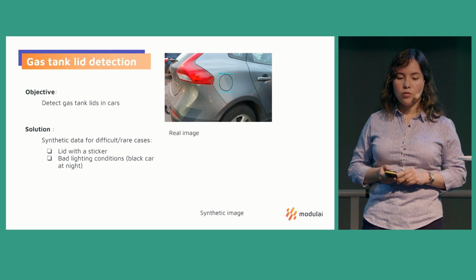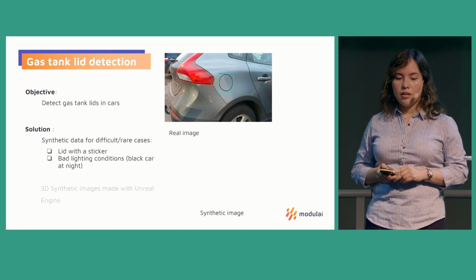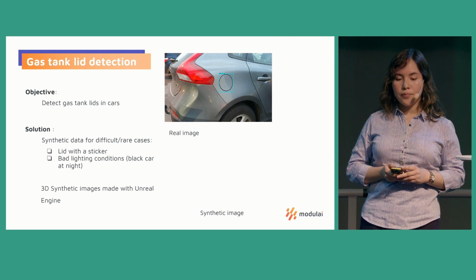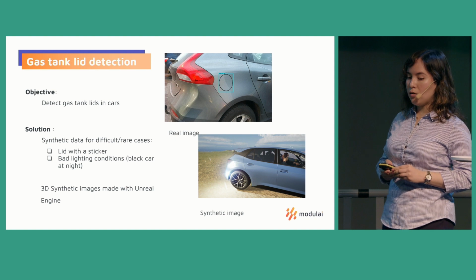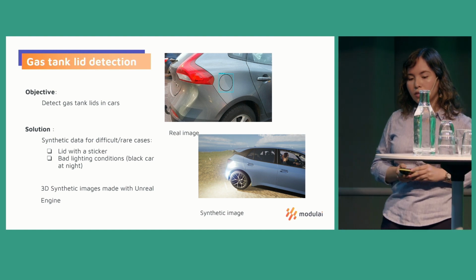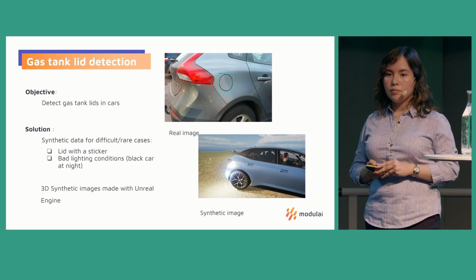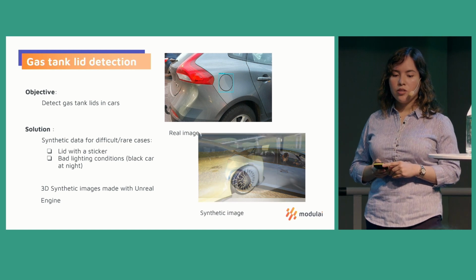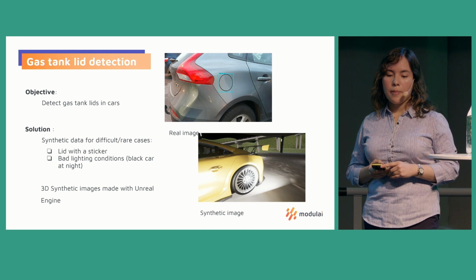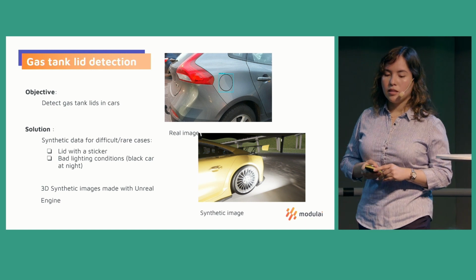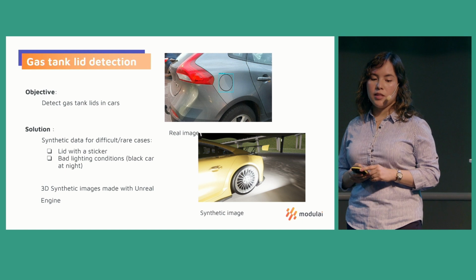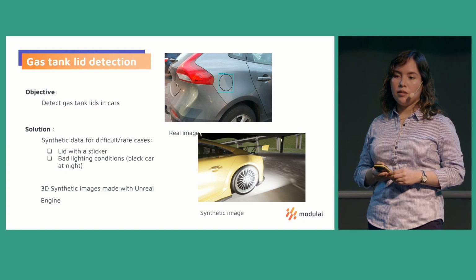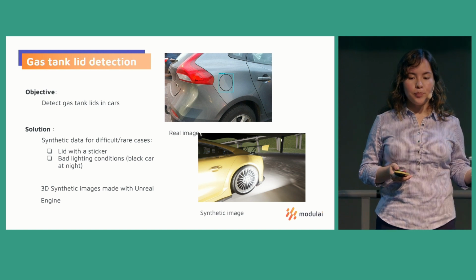So we decided to create synthetic data using a simulator called Unreal Engine. This is how one of our synthetic images looked. We applied some lighting in the back and created some more difficult conditions. And this allowed our model to improve its performance on these special cases where we realized that the model wasn't performing well.